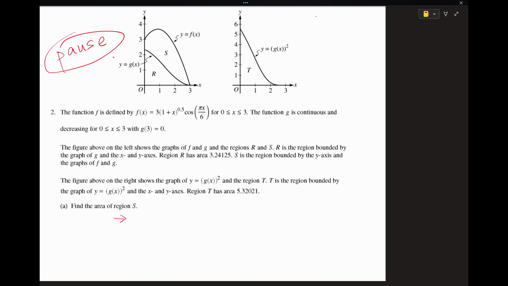Based on the information of this question, we know that the area of this red region can be expressed as this integral. And the area of the blue region, or what we say region R, can be expressed as this integral.